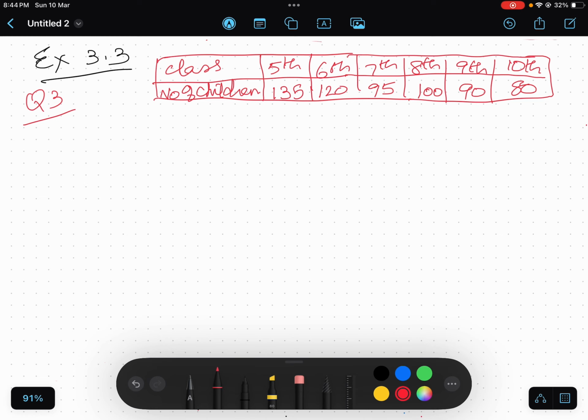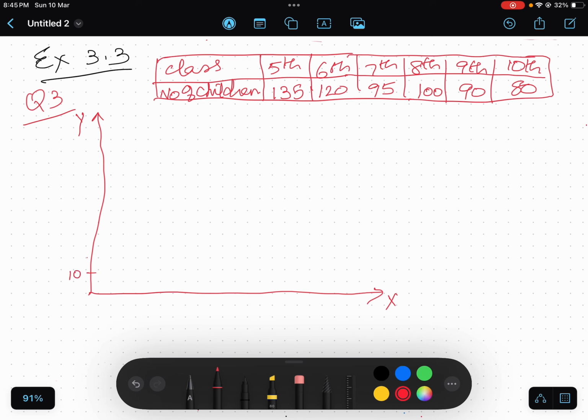Now let us draw a bar graph. How to draw a bar graph we already saw in the previous class. So just take like this, and then the class we will take on the x-axis. In the y-axis, let us take each unit as 10.